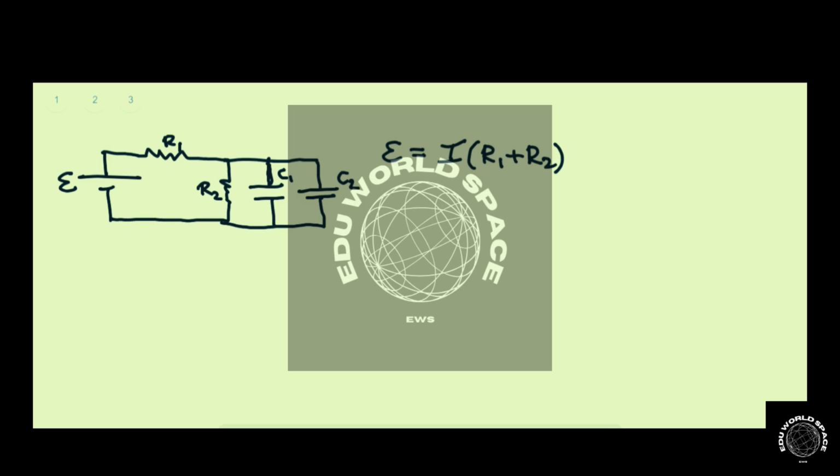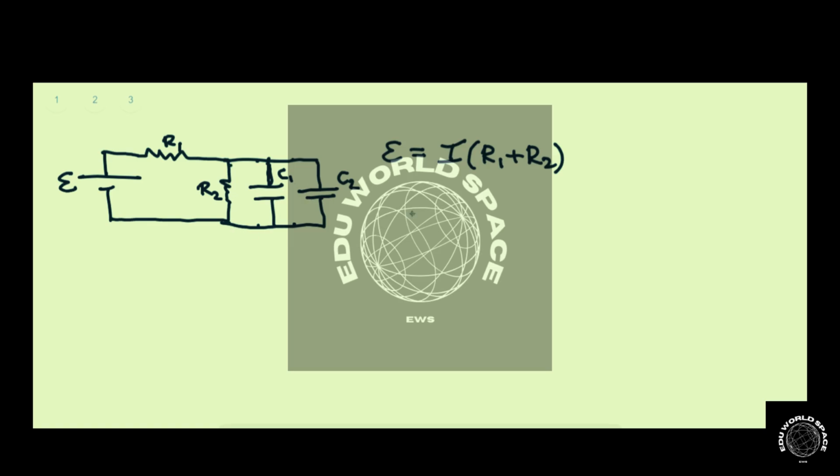But we don't know what the current is, and that needs to be determined. But we can use the fact that whatever potential difference the capacitors see is also the same potential difference that R2 will see. So we can solve for the potential difference across any one of these capacitors.